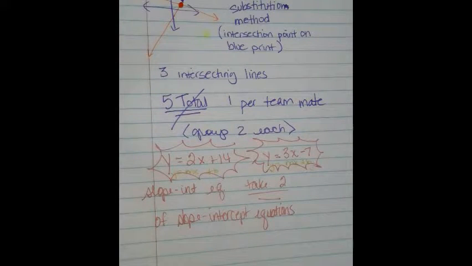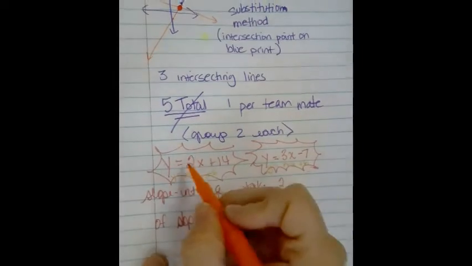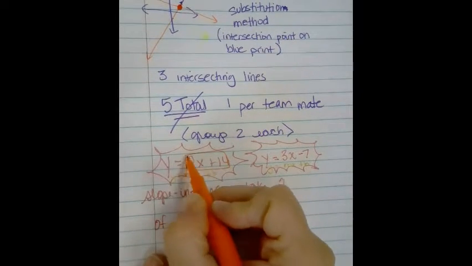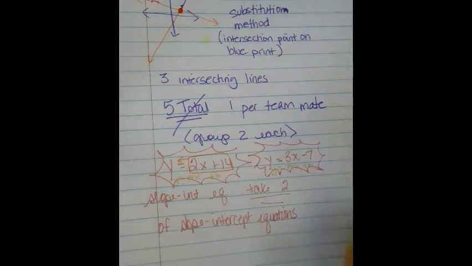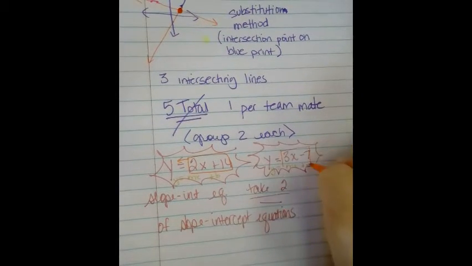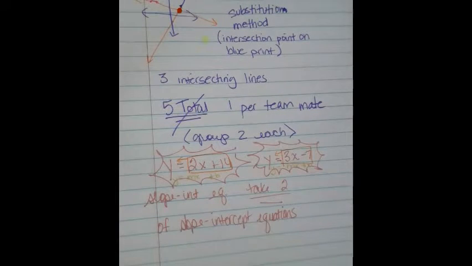Now what this is saying is that we have one equation that is set to what y equals, and we have another equation that is set to what y equals. So essentially, both of those equations equal y.